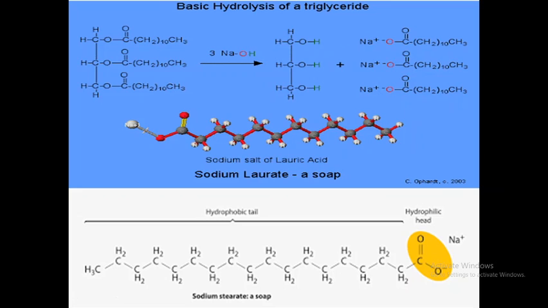In this structure you can easily observe the non-polar chain, that is, your hydrocarbon chain. The long hydrocarbon chain acts as the non-polar tail portion of a surfactant, whereas this functional group acts as the polar head of a surfactant.